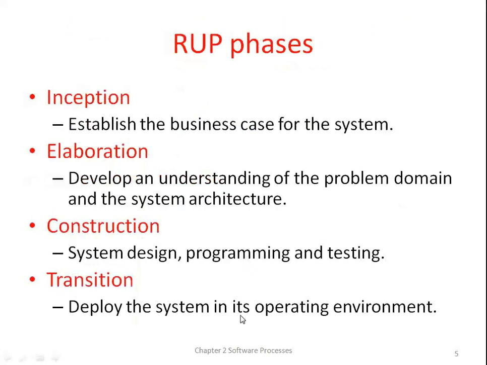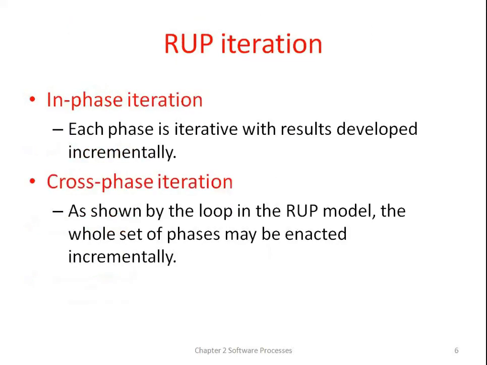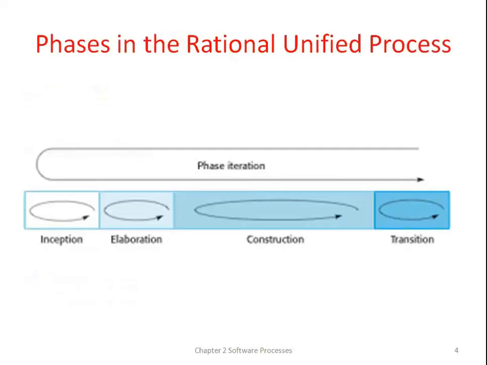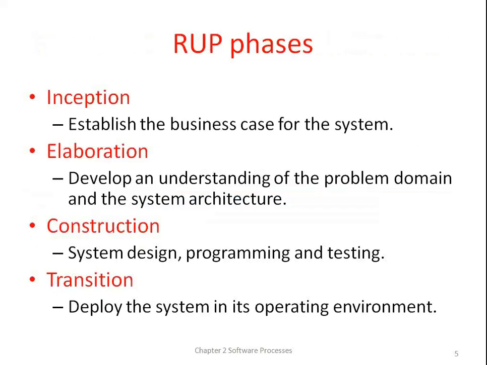In transition, you deploy the system in its operating environment. So these are the various phases of the Rational Unified Process.